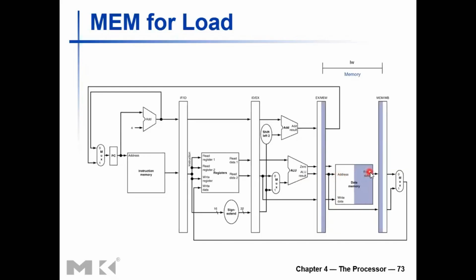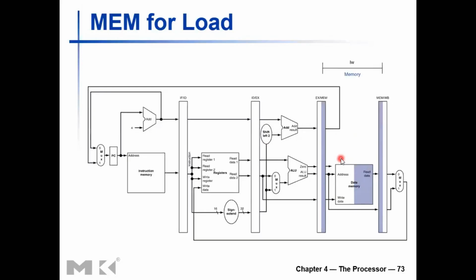After a little while, after the reading delay of the data memory, it will take some time for the output to stabilize at the new values corresponding to the piece of data stored at the given address, right? So for the memory to stabilize for that reading and the data to be available here, it will consume some time, and that is the dominating piece of time in this particular pipeline stage. Any other multiplexers used by the branches or anything consume much smaller time compared to data memory read.